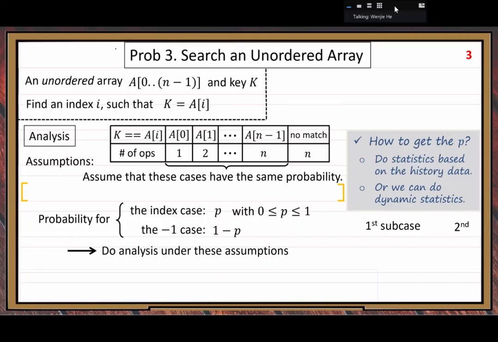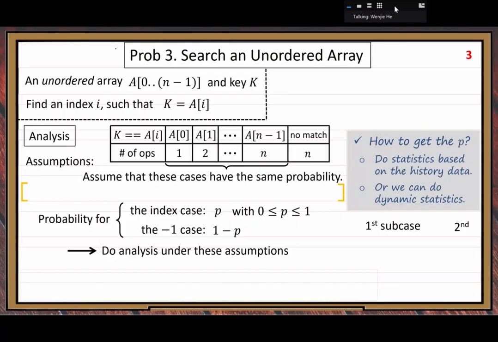Let's calculate. For the first subcase, if I ask you to use one number to give the best description for the first subcase, how do you do it? There are all these n cases, but you cannot use these n numbers altogether.